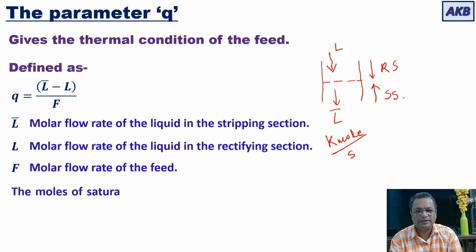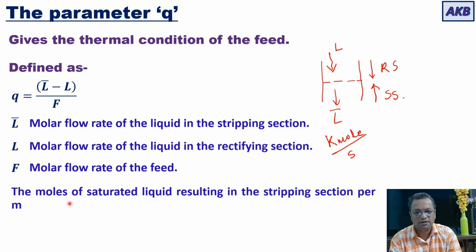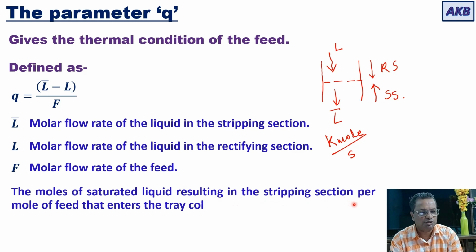Okay, so as per this equation, you can define Q as the moles of saturated liquid resulting in the stripping section per mole of feed that enters the column.